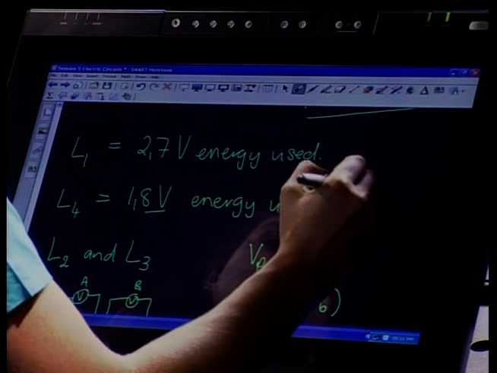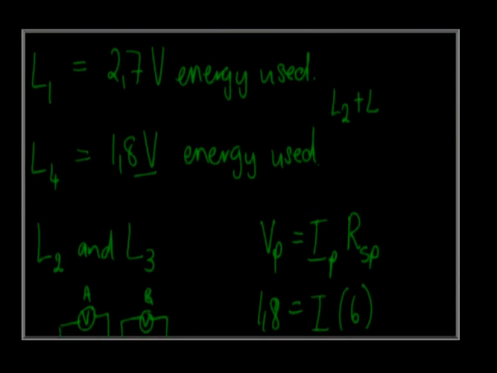Light bulb 2 and light bulb 3, let's write that properly, will use 0,9 volts of energy. And what did I predict in the beginning? Light bulb 1 would be the brightest. Light bulb 4 would be the second brightest, with light bulb 2 and 3 having the same intensity of light, but they will be dimmer than either light bulb 1 or light bulb 4.